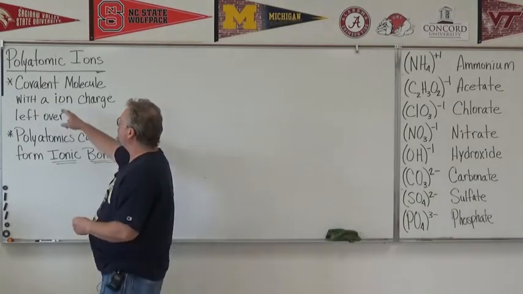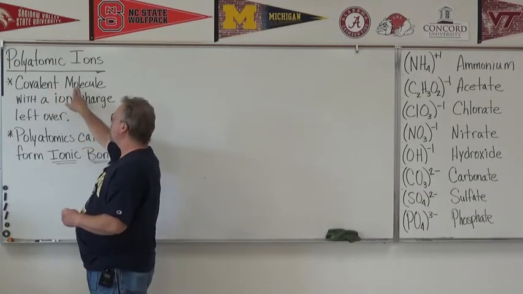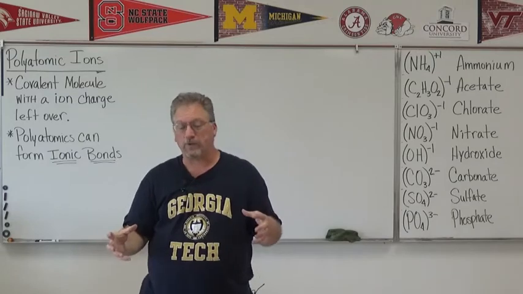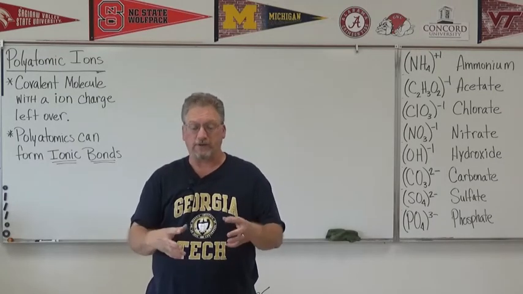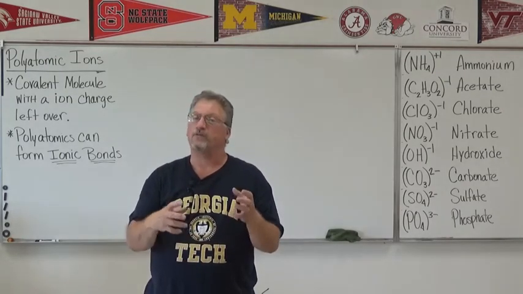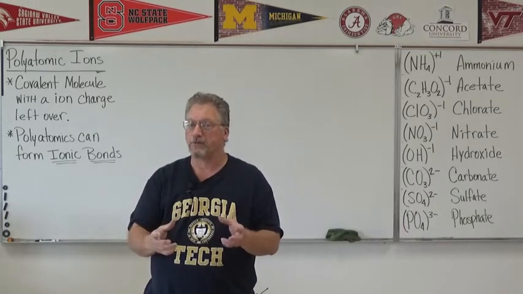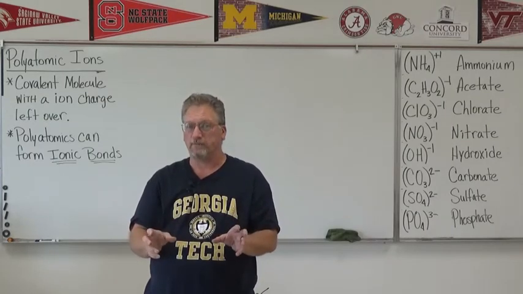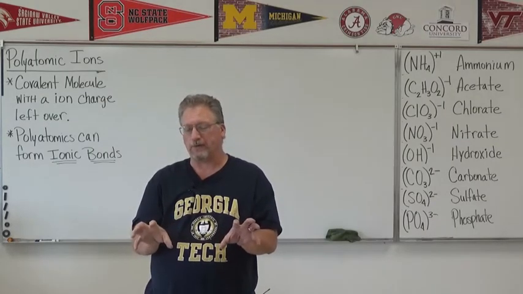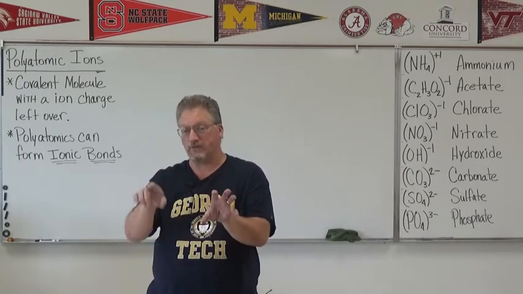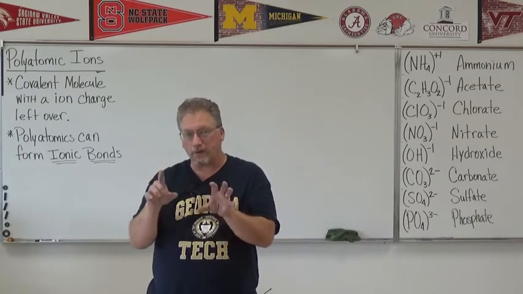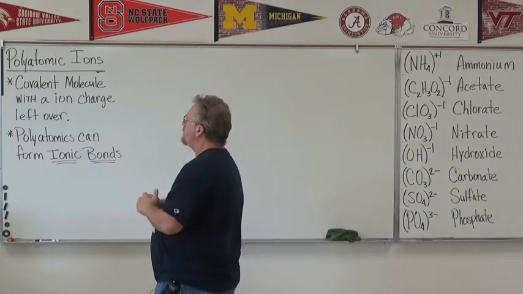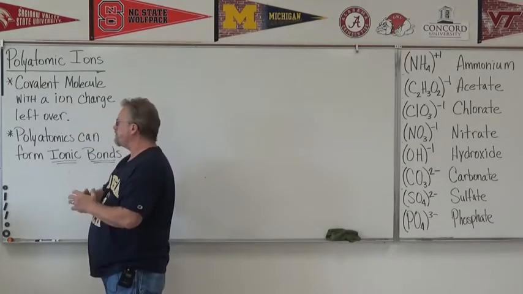Covalent bonds create molecules, and there are many cases where, after the two nonmetals come together and share electrons, there's still, due to how the reaction occurred, an overall charge left over. Not on any individual element, but on the two elements together, on the whole molecule itself. The whole compound has a charge left over, okay? So that's where we get the word ion from.